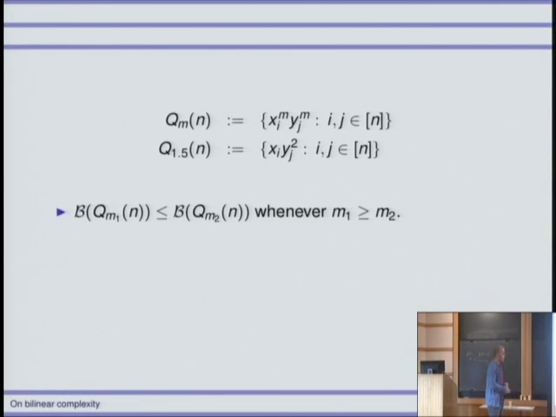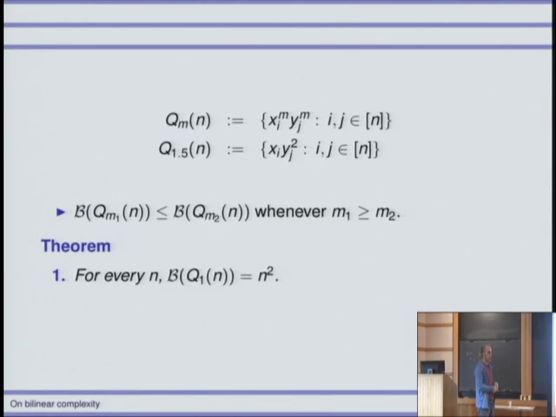So that's the first theorem. The first point of the theorem is trivial: if you think about m equal to 1, then the bilinear complexity is n squared. And that's, I think, the only tight bound that I can prove in this context.